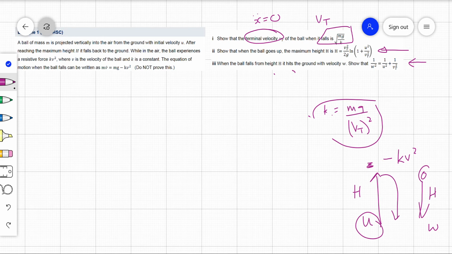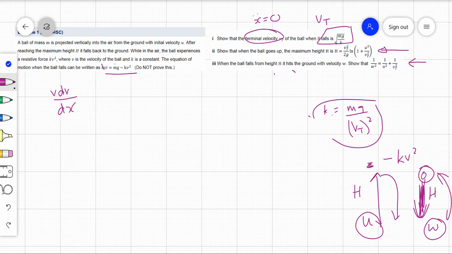So clearly we're going from velocity 0 to w, and it's going down, so I'm going back to this downward motion equation that we had here. If I look at the question, it's all to do with the height, so that's the x, the displacement, and the velocity. So again, v dv dx for my acceleration.